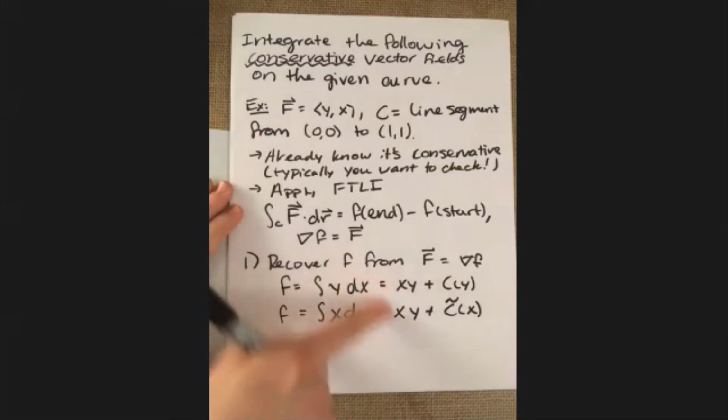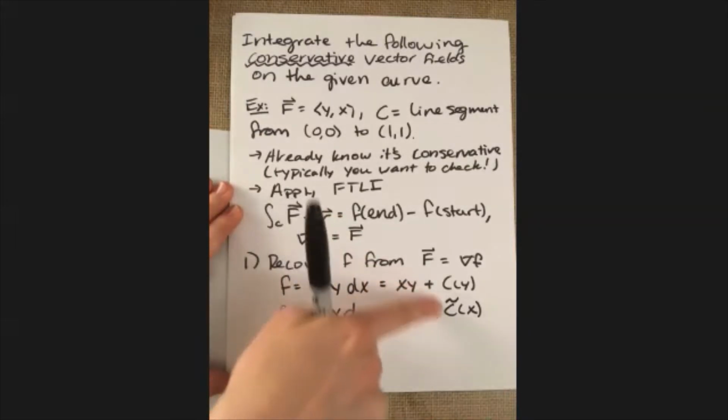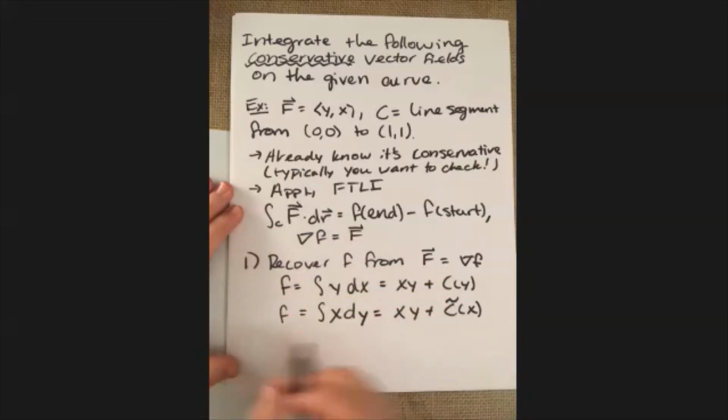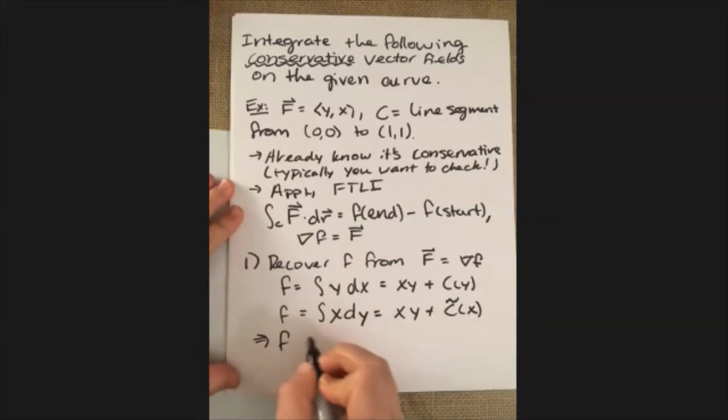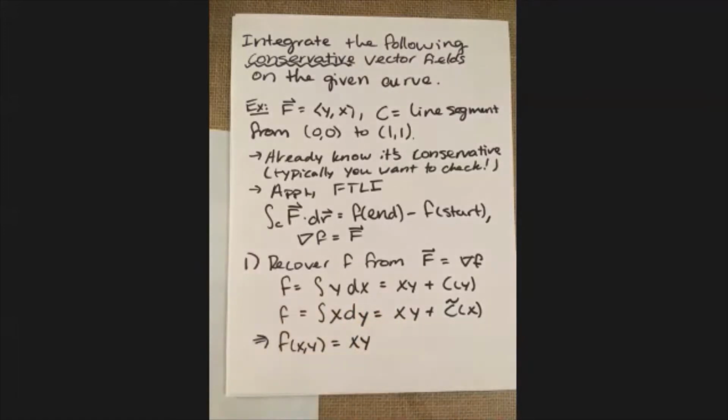So these two agree, the xy, and neither of them contribute any new information. So there's not really anything new that we need to worry about with those unknown functions. So our potential function f(x, y) has to be equal to x times y.